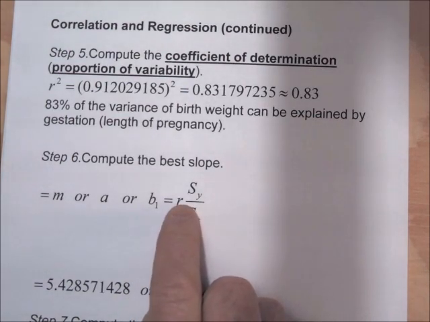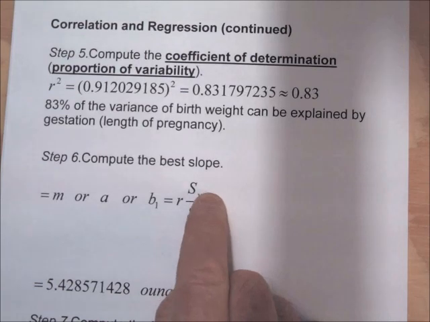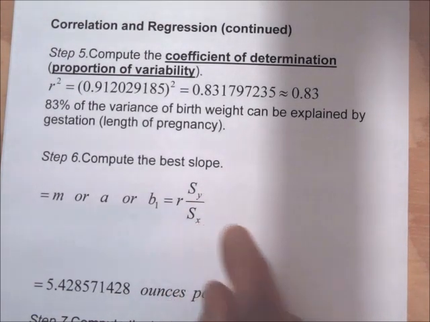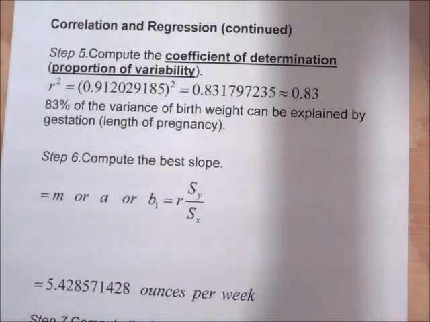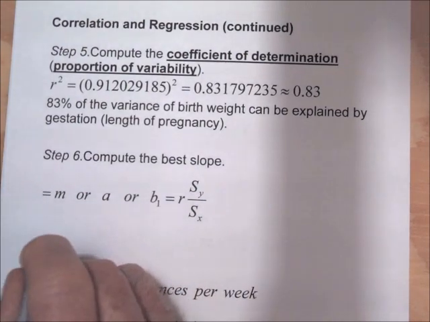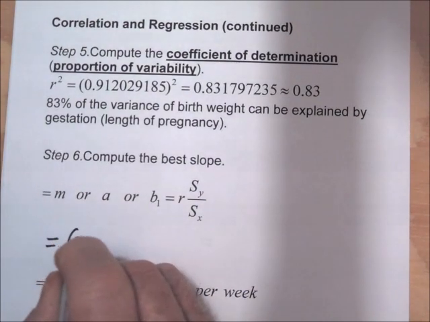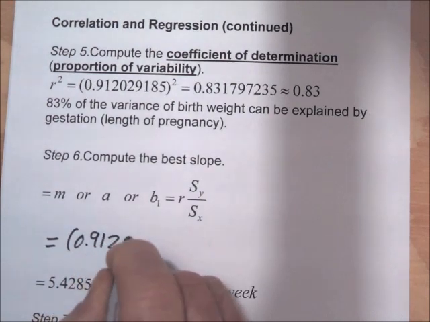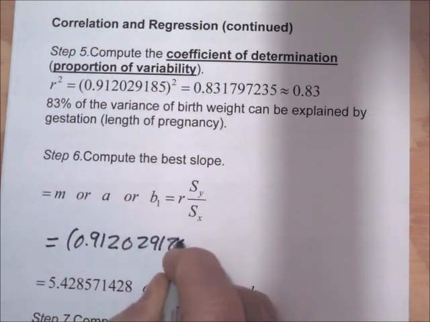The best slope is going to be R times the standard deviation for Y divided by the standard deviation for X. R is 0.912029185.